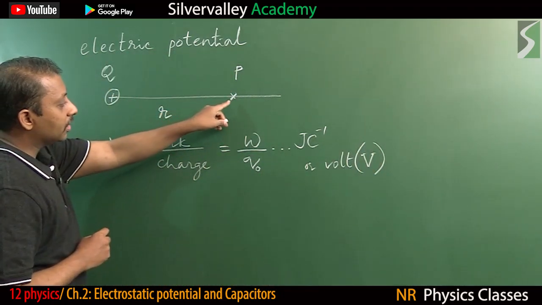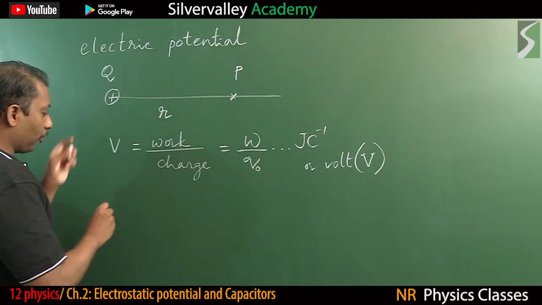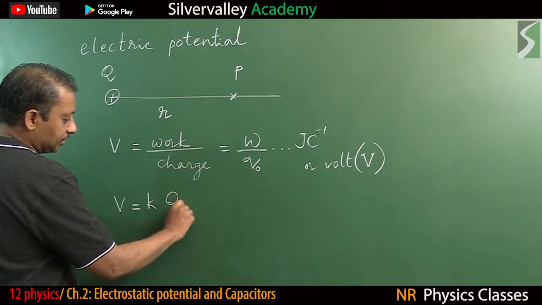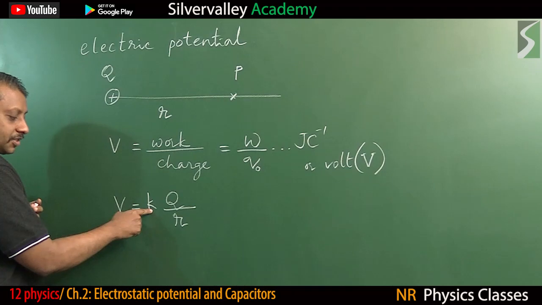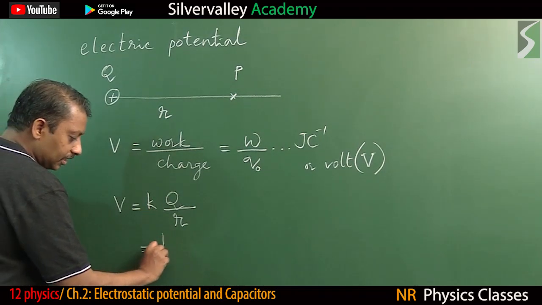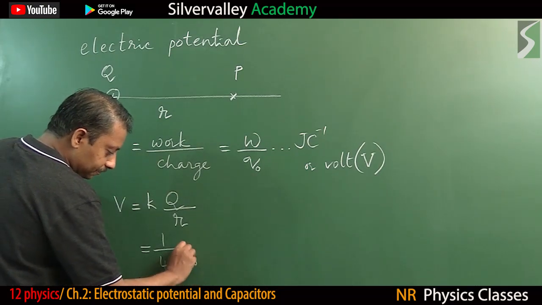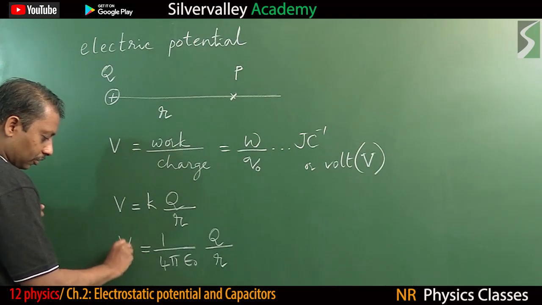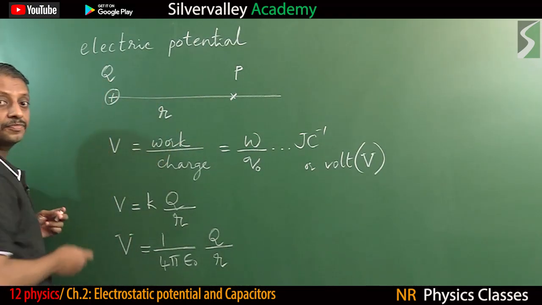And the expression for electric potential at a point due to a point charge is a constant times charge by distance. And what is this constant? In the case of electrostatics, it is Q by 4 pi epsilon naught R. So this is the expression for electric potential at this point due to this charge.